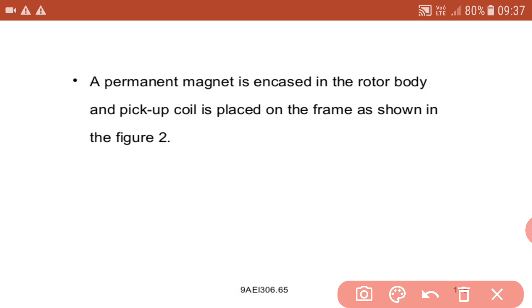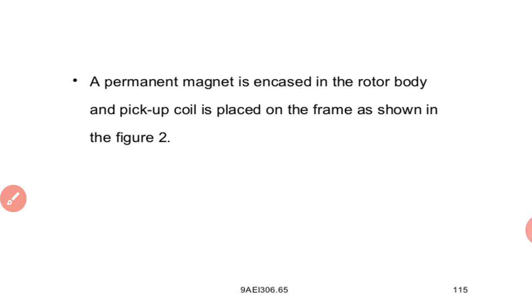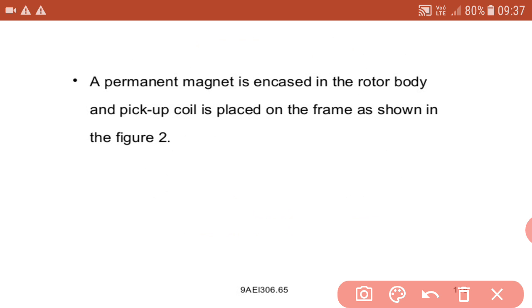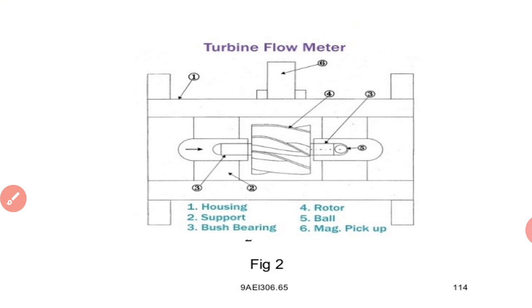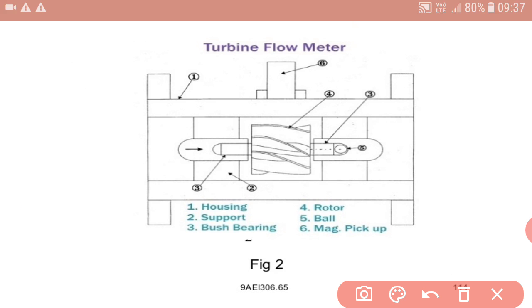A permanent magnet is encased in the rotor body, and the pickup coil is placed on the frame, as shown in the figure. On the frame there is a pickup coil. Here we can see the magnetic pickup coil.